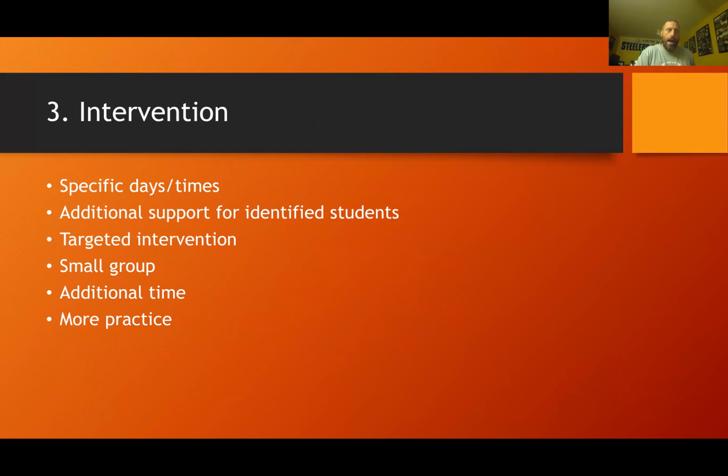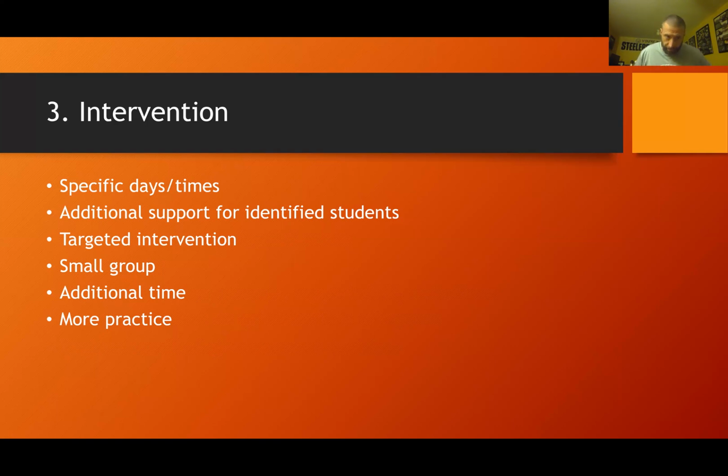So as these things happen then, we decide on an intervention. We decide the specific days and times that the intervention is going to happen. And this is where you're going to get additional support for the students that we've identified. If we're talking in terms of tiers, we're going to look now at tier 2, where we're going to have a targeted intervention for small groups of students.